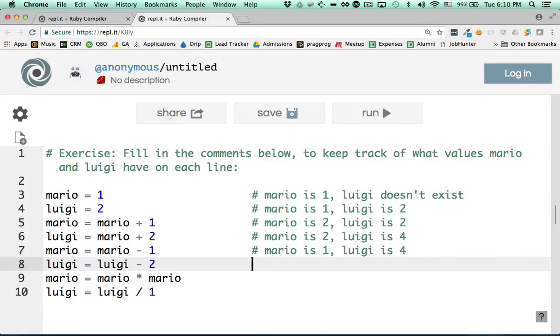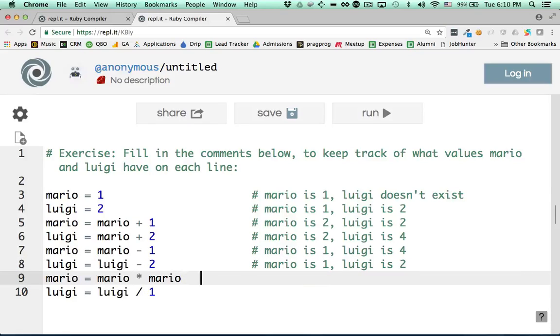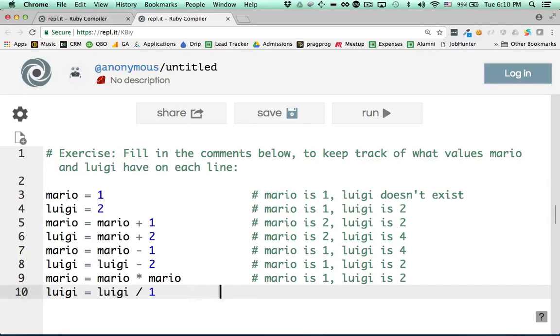Line 8, Mario is 1, Luigi is 2. Mario on line 9 is 1. Luigi is 2. And on line 10, Mario is 1, Luigi is 2. Okay, yeah.